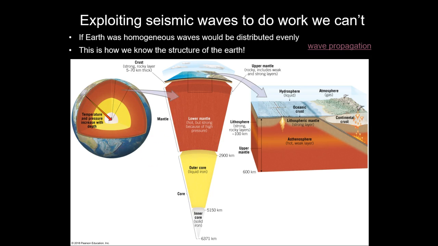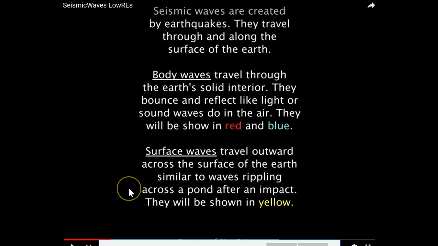Okay, so let's go ahead and watch this short video that I have for you. It's going to show you how the waves are going to behave at the surface, how they're going to behave at depth, and how they are expressed in the receiving seismograms.